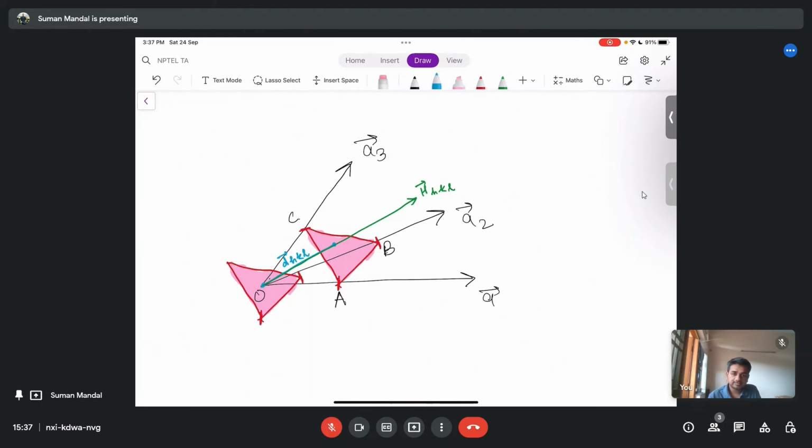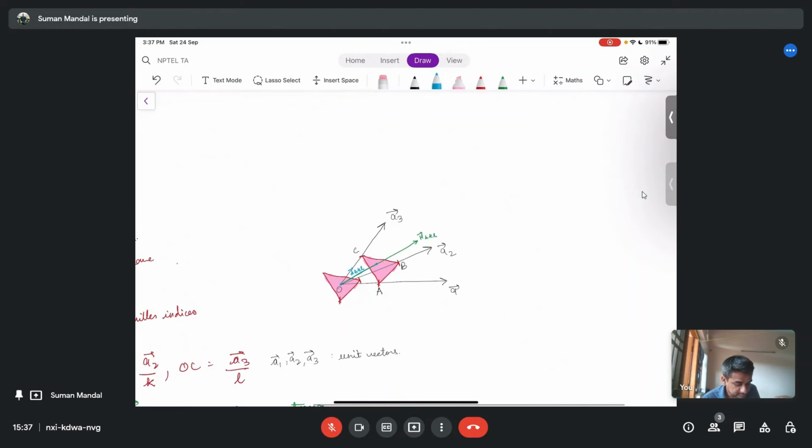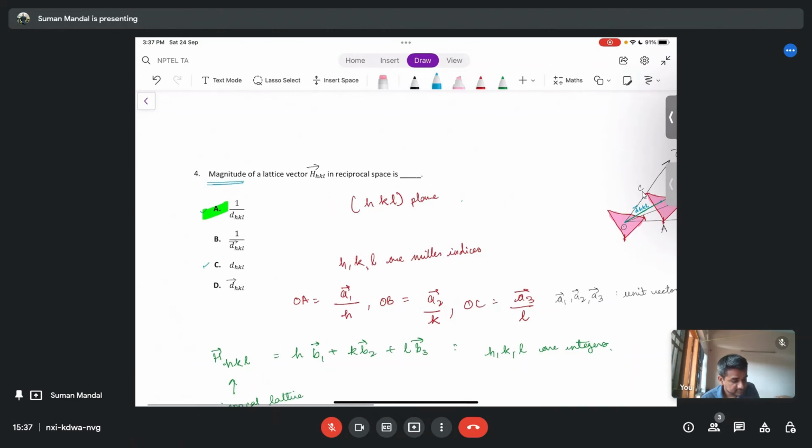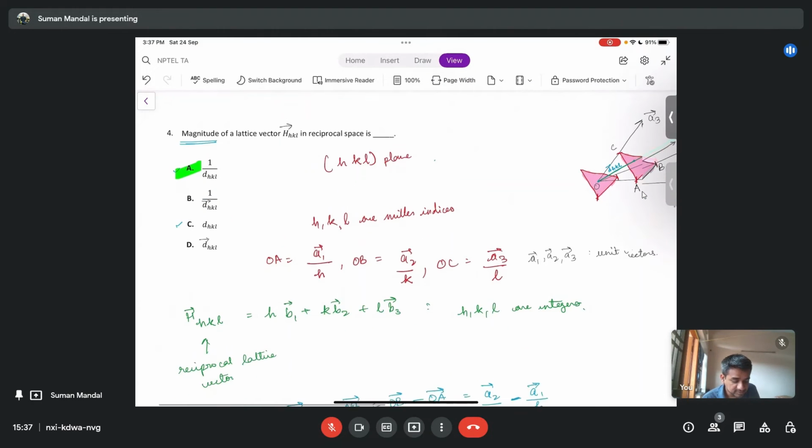So we say that HKL is perpendicular to the plane ABC. And since dHKL is the perpendicular spacing between them, it also lies along the same vector, and we can find it by taking the component of OA along the reciprocal lattice vector. It's already in the book. I hope it's clear.